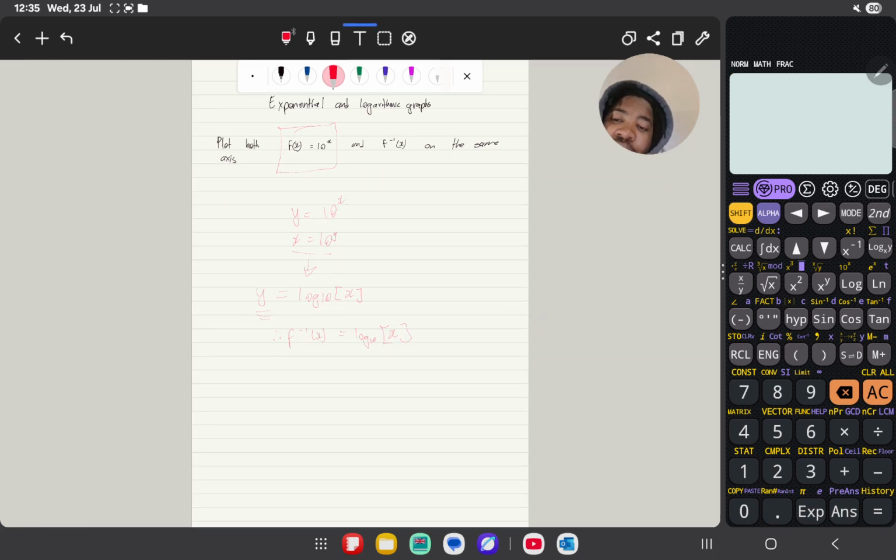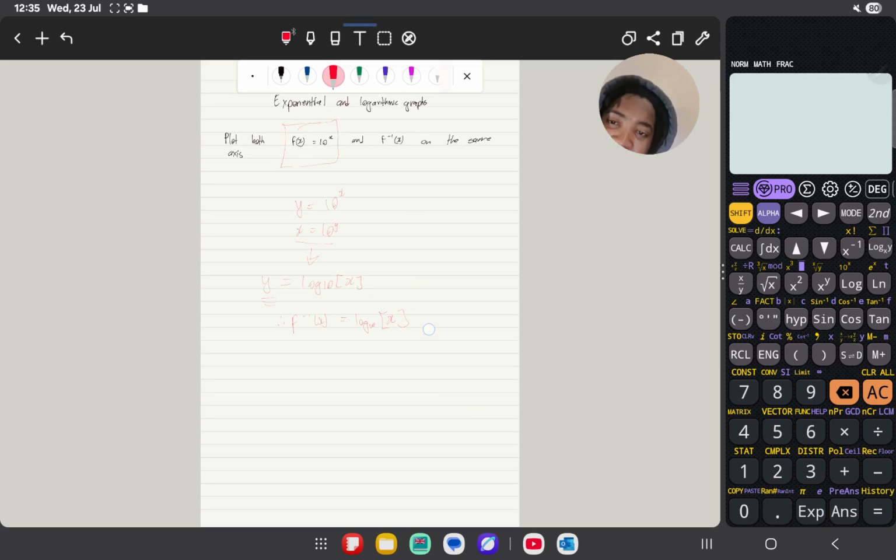Cool. So what I will say is, I could also plot these functions, but I'm not going to do that. Plotting the functions is very easy, guys. I'm not going to do it in this video. I will do it if I see a question, because the next video is the one where I'm solving exam questions. So if I see a question there that says plot, then I will plot.